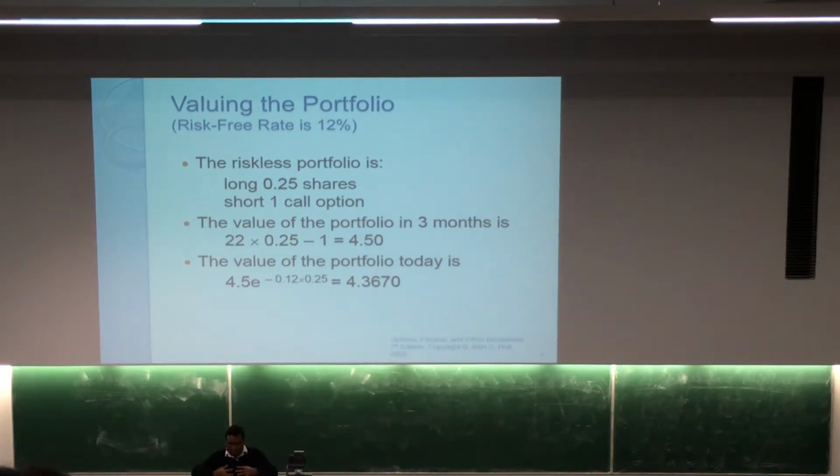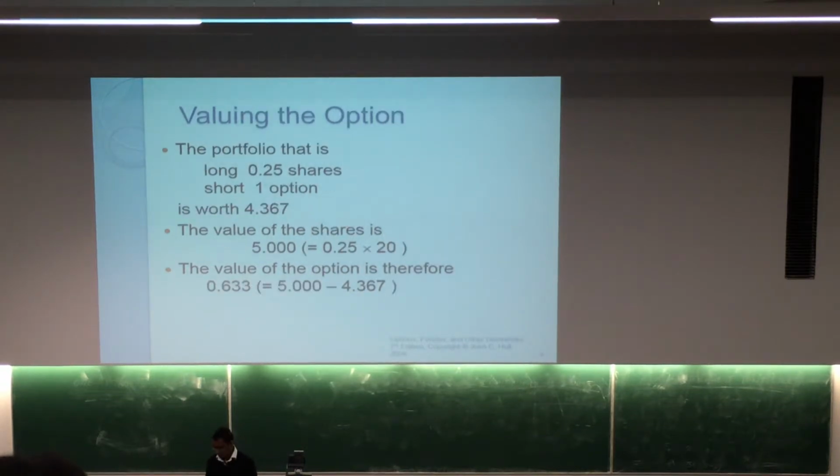But remember that your portfolio involves a certain number of stocks and a call option that you are going to sell. So the present value, that means today's stock price, is going to be 20. When you are going to hold 0.25 stocks, the value that you are going to get from the stocks is basically 0.25 times 20.